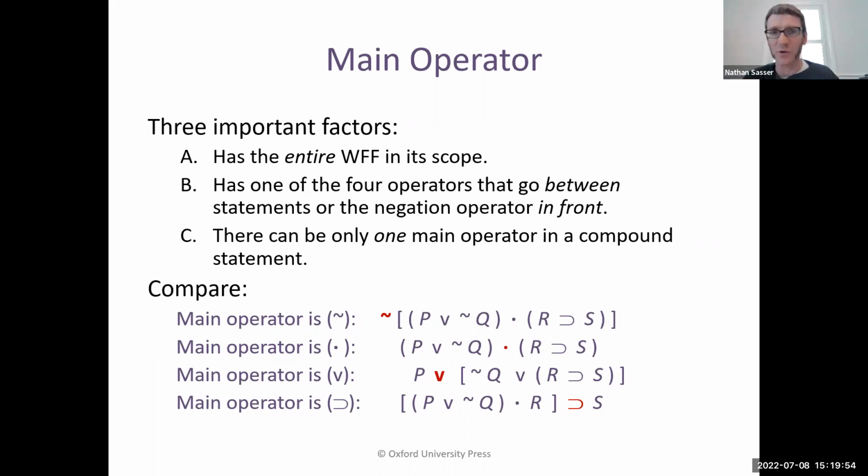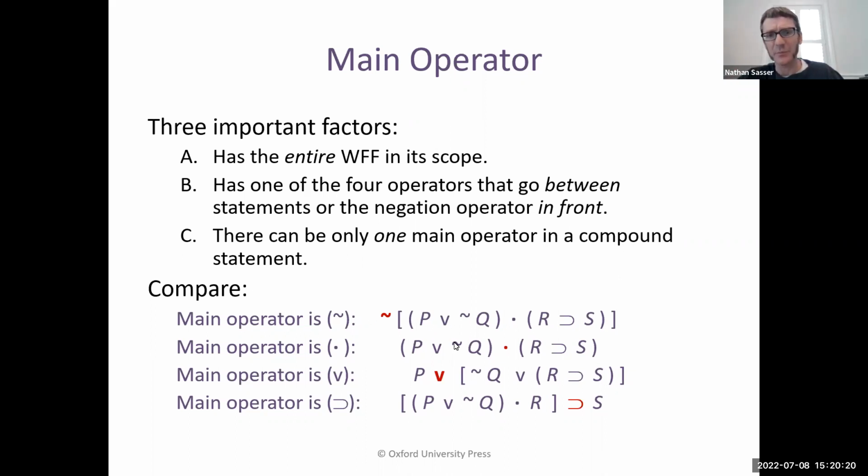I don't remember what it stands for now, but basically those are the kind of rules that we're following, but we're applying them to deriving the truth values of a compound statement. So like I said, the main operator is the one that has the entire well-formed formula in its scope. There can only be one main operator in a compound statement.